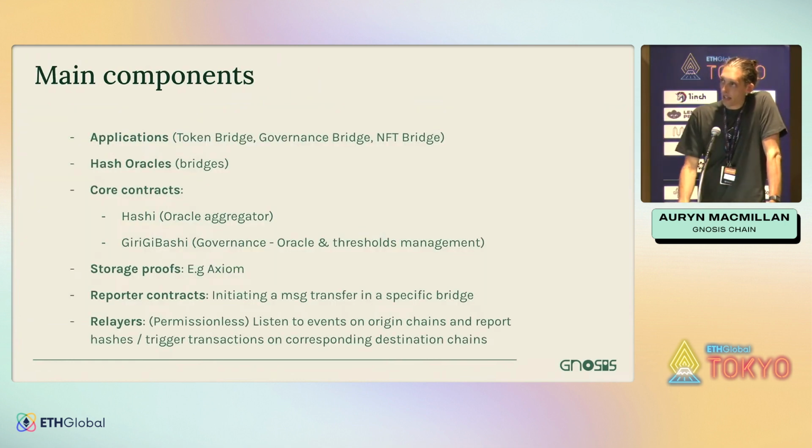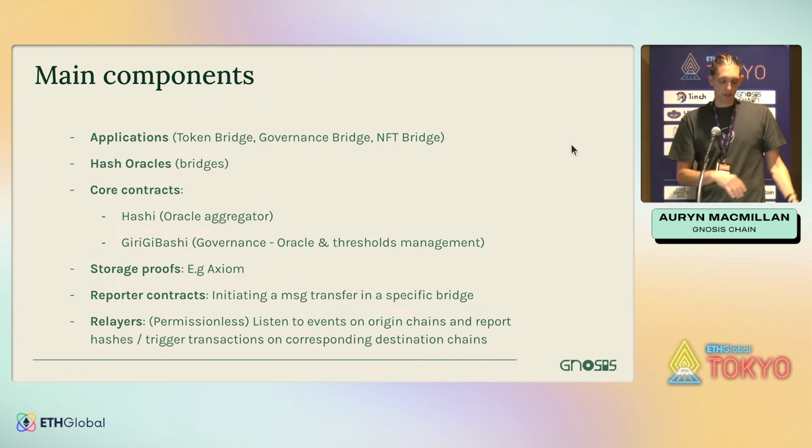So main components here, or main things that we built and then that we're looking for others to build. Very interested in applications like token bridges, governance bridges, NFT bridges, built on top of this. Very interested in hash oracles, so mechanisms for passing messages or passing block headers from one chain to another chain.